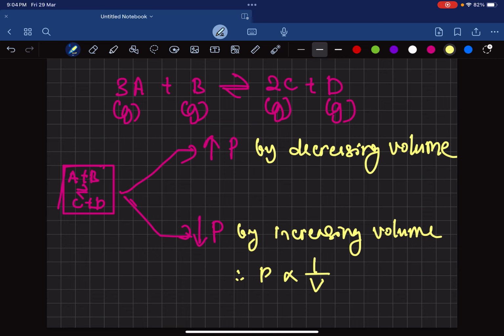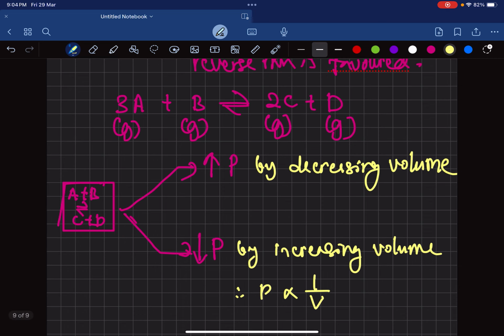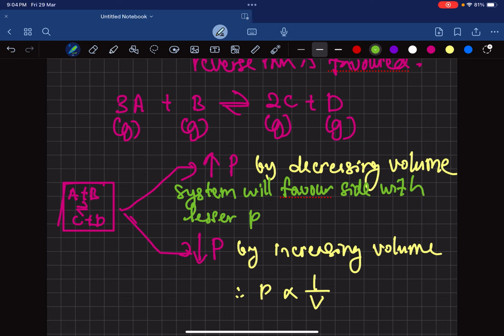If we increase pressure, the system will favor the side with lesser particles, because you're feeling so much pressure. Okay, that means in this case it is going to be the forward reaction.